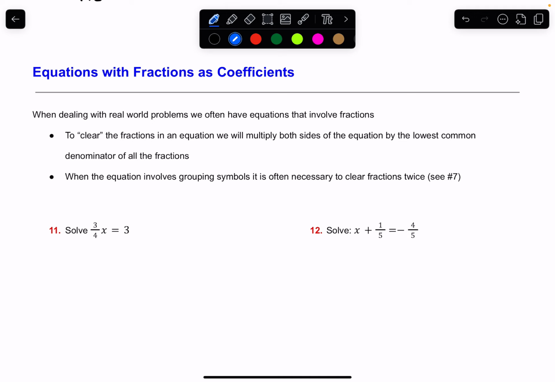It says C number 7. It should actually say right there C number 14, which is going to be on the next slide. When I say necessary, by the way, necessary is maybe an exaggeration.